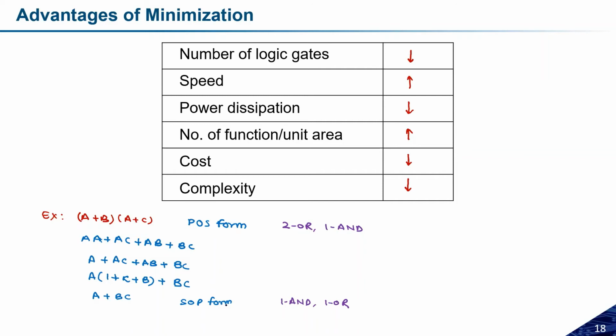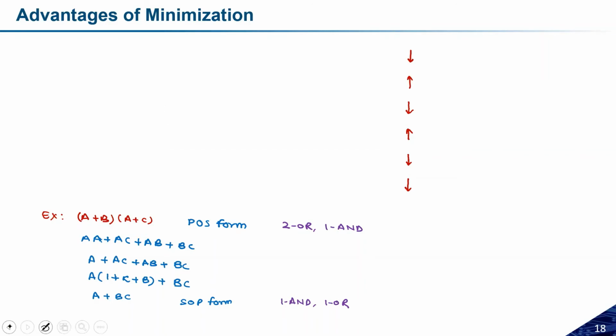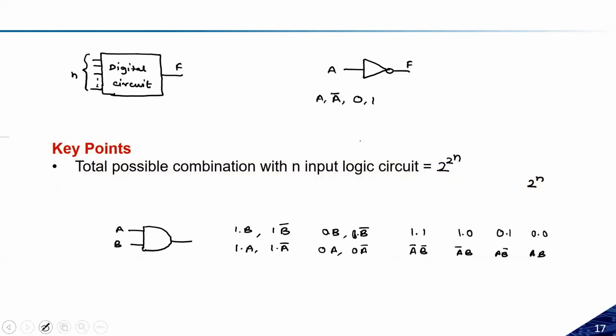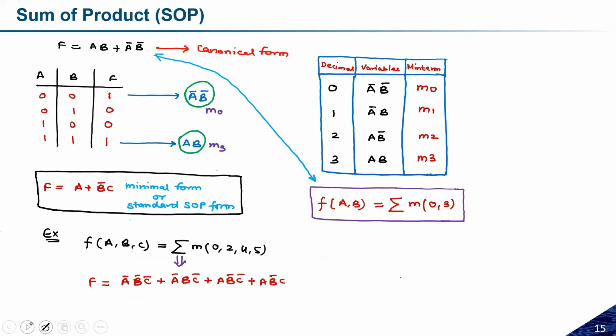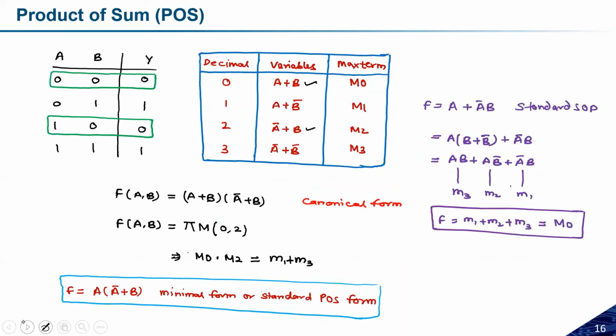How and why? Let me go back to the previous slide, and you will be happy to know that we have already done this part. Let us see. If you see this final expression, the same function can be represented with the help of 3 minterms, or with the help of 1 max term.